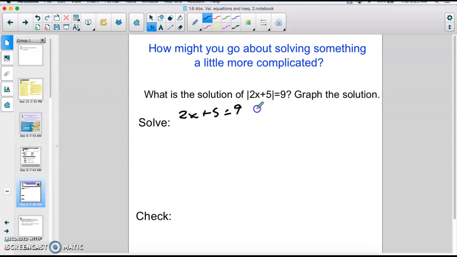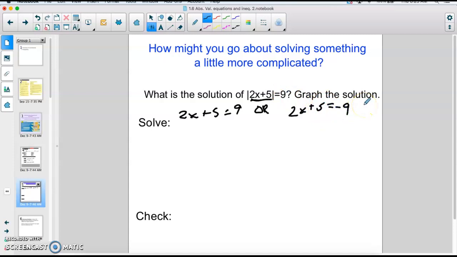Or, and this is how you solve absolute value, you have to treat it like an or equation. Or we're going to do 2x plus 5, because we have to account for the fact that you could get a negative number in here, right? Like this right here could be negative and it's still going to work out. And so we're going to go 2x plus 5 equals negative 9.